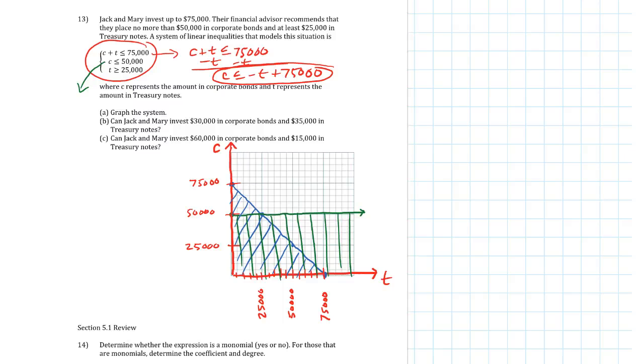Okay. Finally, T is greater than or equal to 25,000. That's the same thing as X, so 25,000 would be right here. And that is going to be a vertical line. And that is greater than, so that would be this way.